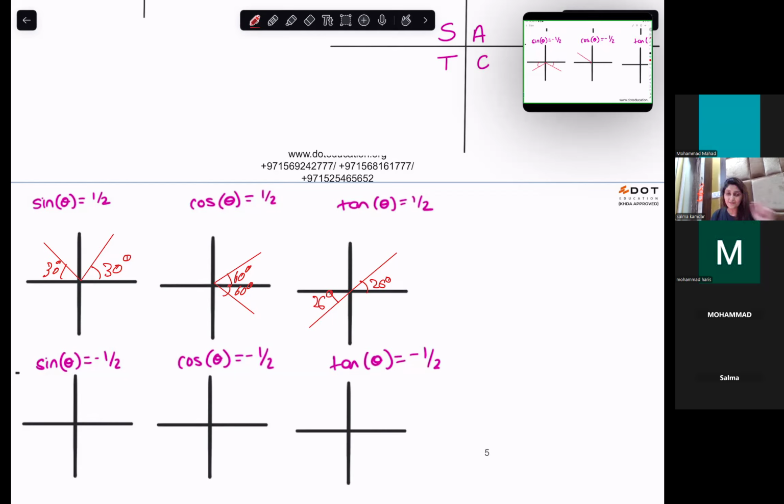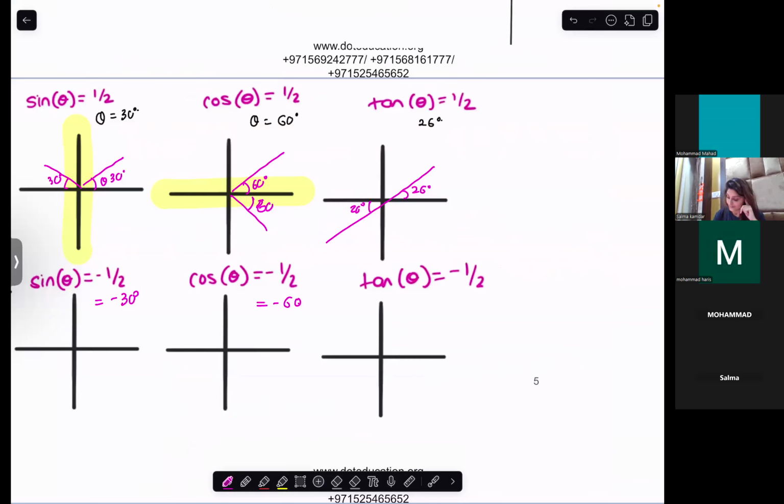Can you do it for the negative values? Minus 30, minus 60, and minus 26.